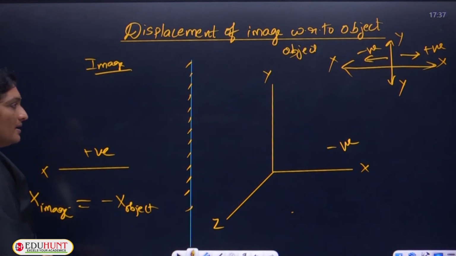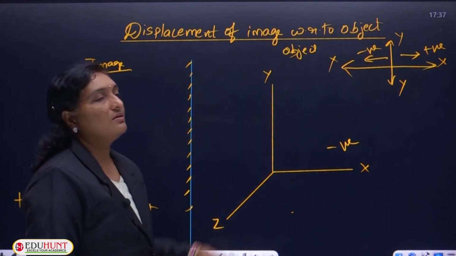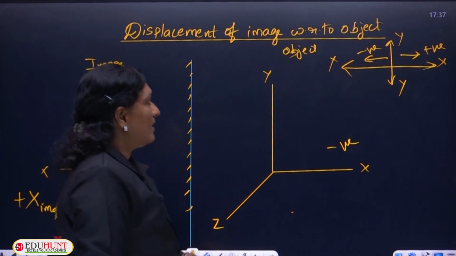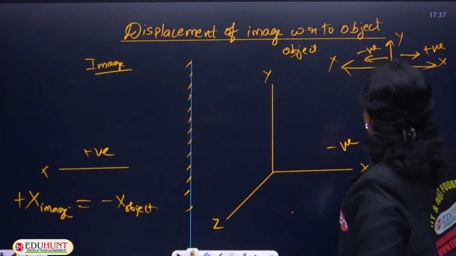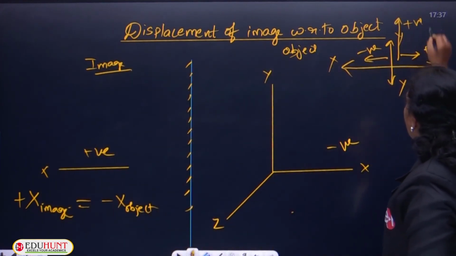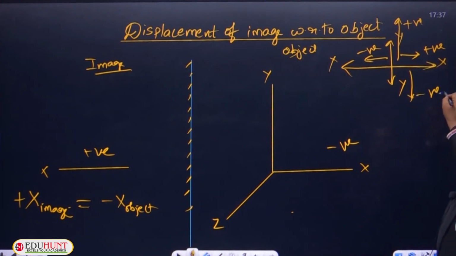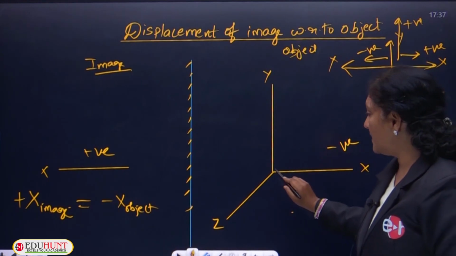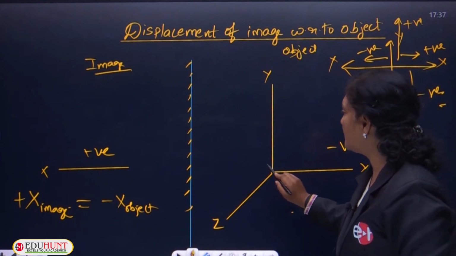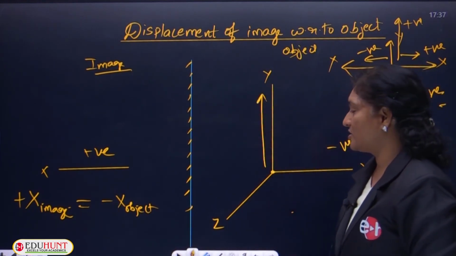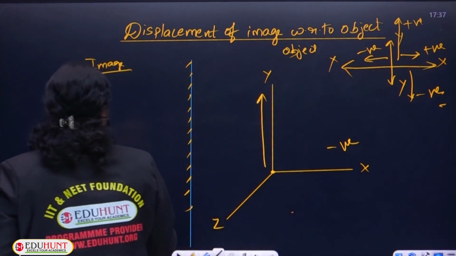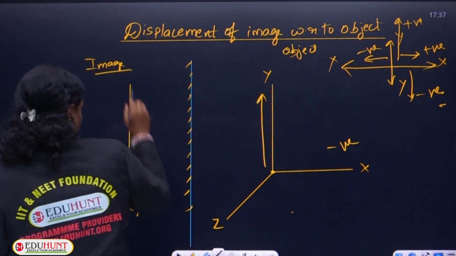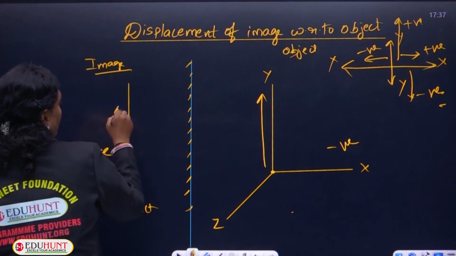But if it is along the y-axis, the upward direction we take as positive, whereas the downward direction we take as negative. So whenever a person starting from here moves in the upward direction, the image also moves in the upward direction.